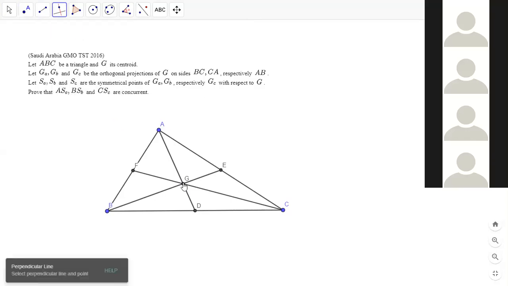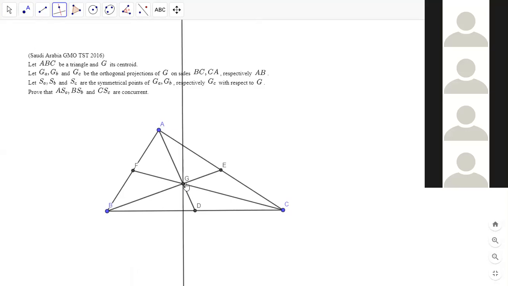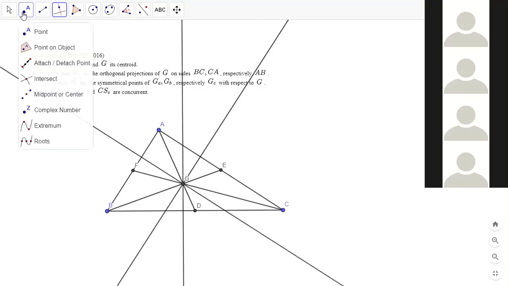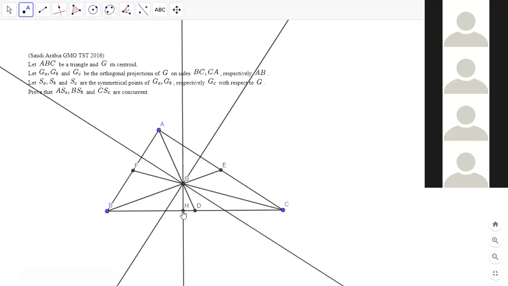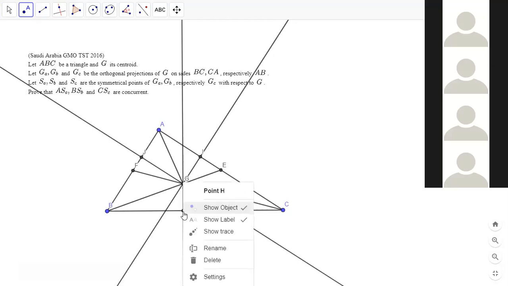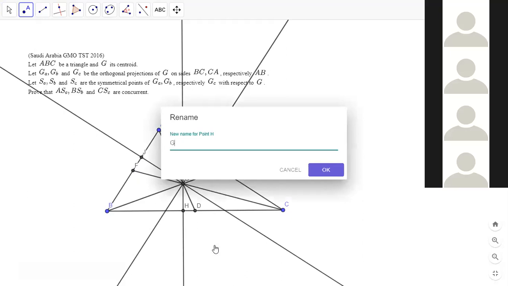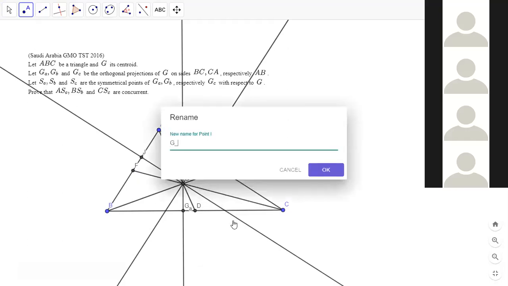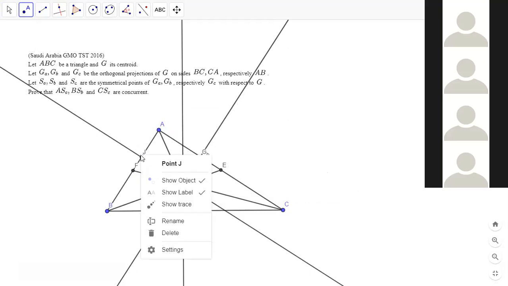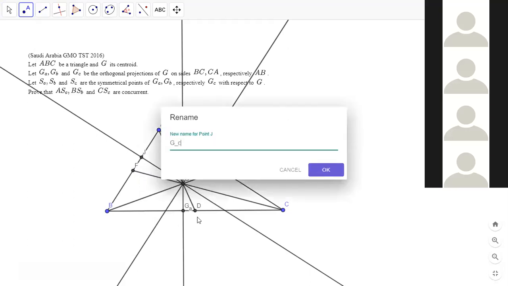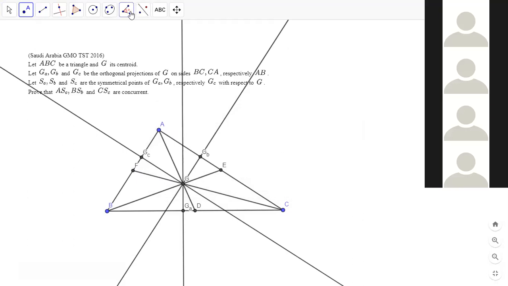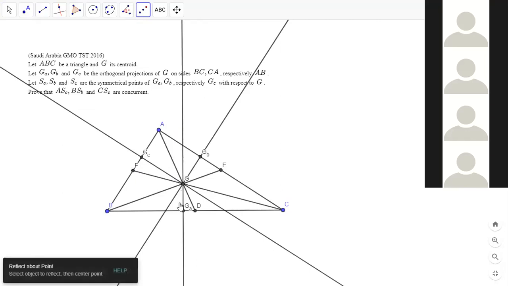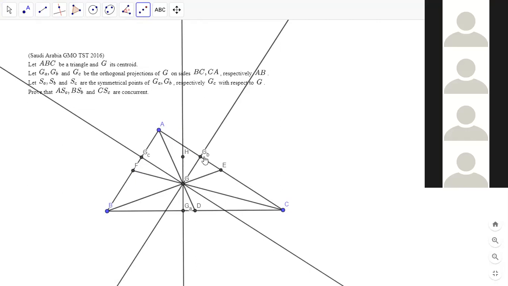And then we reflect the projections over G. So then we get SA, SB, and SC.